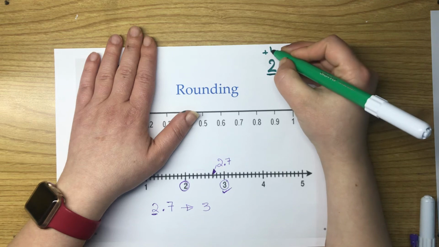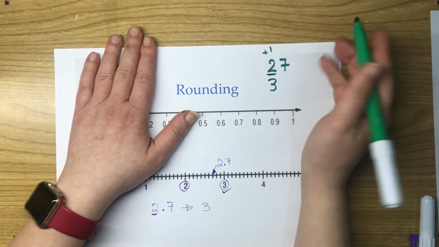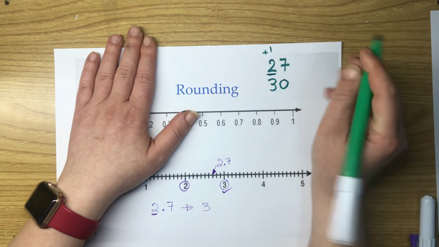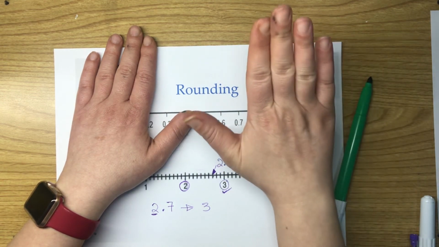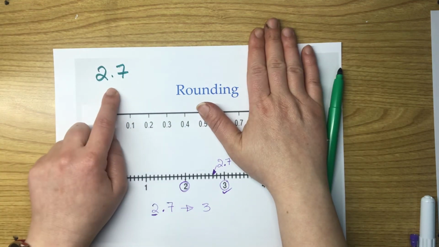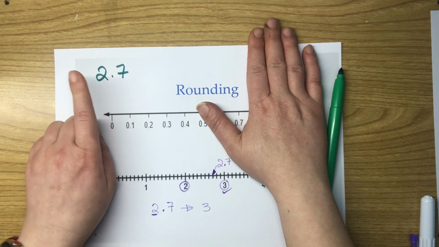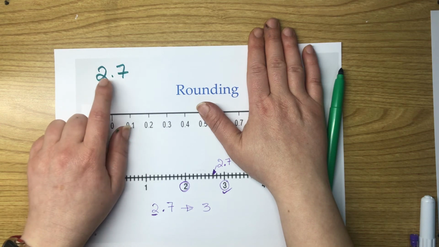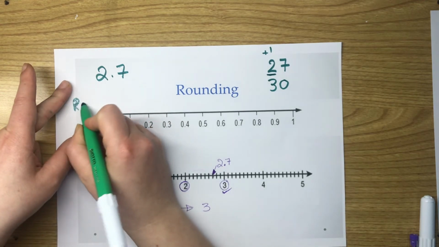So when I add 1 plus 2 equals 3, and all the other digits turn into 0. The difference between 27 and 2.7 is only the decimal point here.